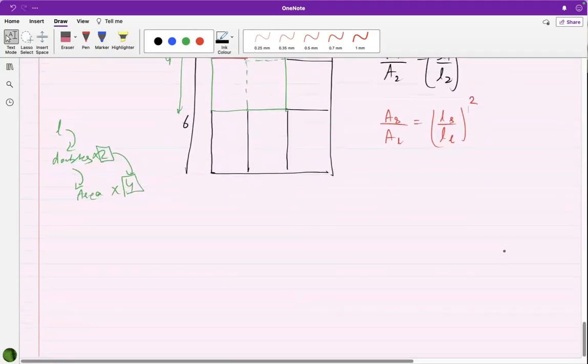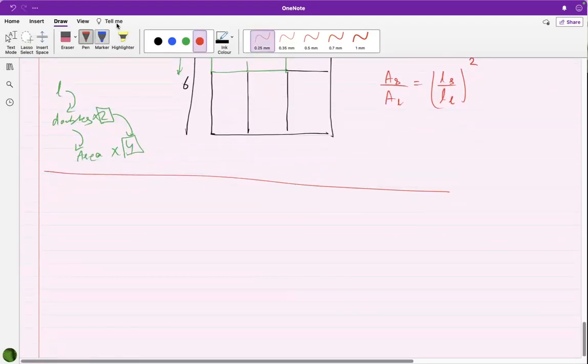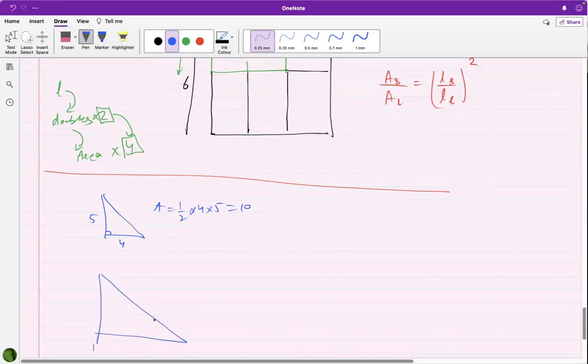So in those triangles, values were given, but definitely when we solve for exam, some of the values would be missing. It was like this, 4, 5, and we know area is equal to 1 by 2 into base into height, that's 10. And another one was given.